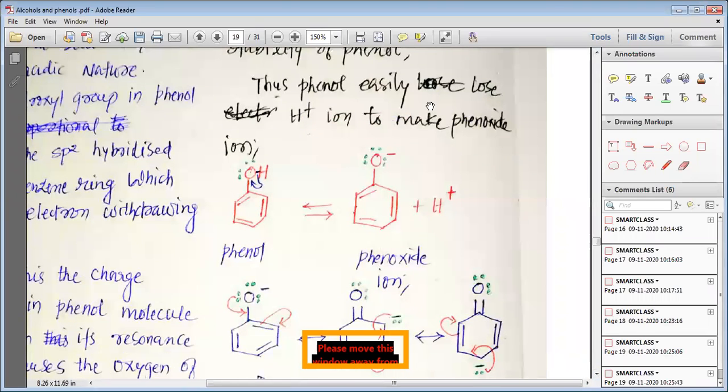Thus, phenol easily loses the H plus ion to make the phenoxide ion. Please remember that the positive charge on oxygen in the three resonance structures pushes this hydrogen to go away, and that is why phenol easily makes the phenoxide ion and releases the H plus ion, which makes it acidic in nature.